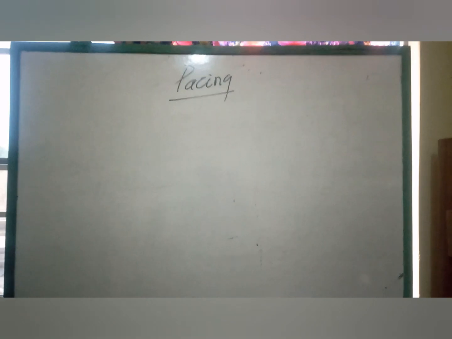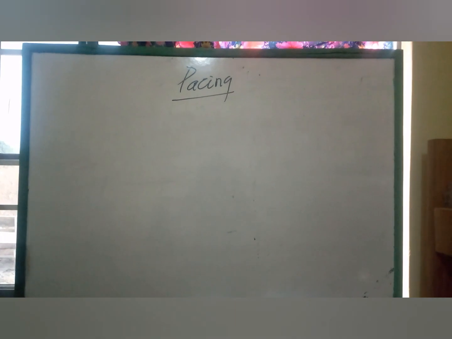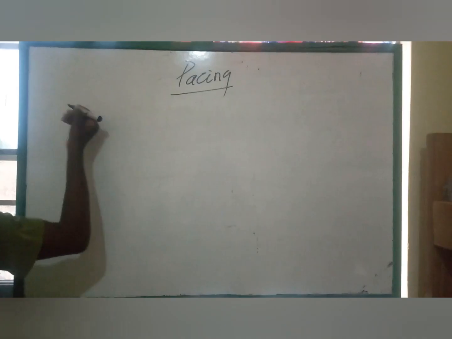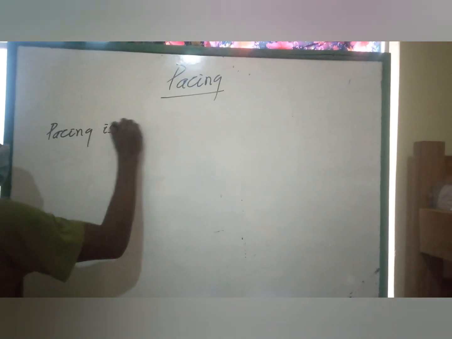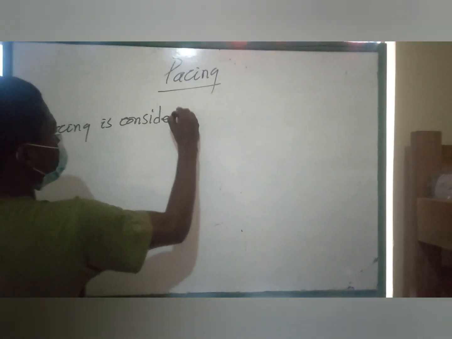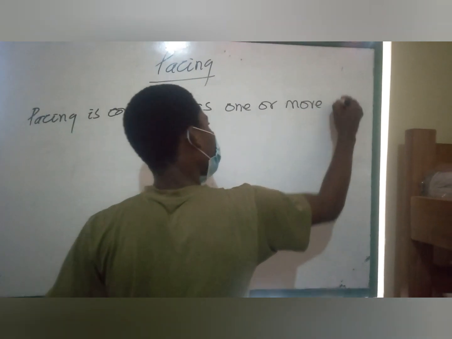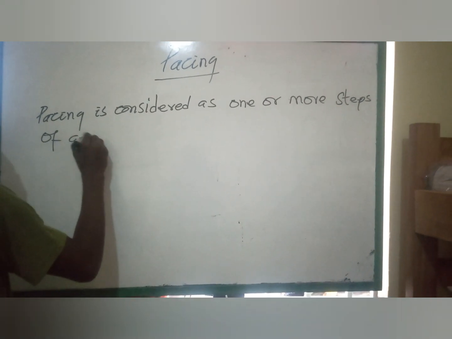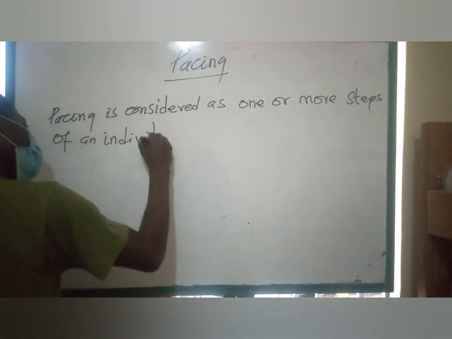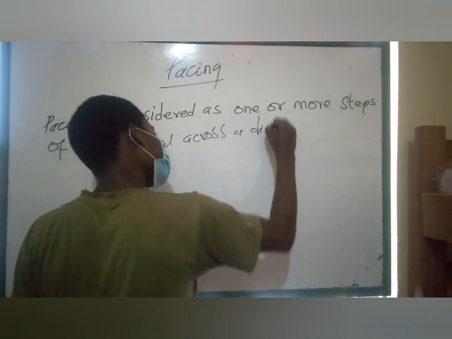Pacing. We are going to look at pacing. Formerly, we didn't have measuring tapes to take our measurements, so we were walking across the stands to take our measurements. So pacing can be considered as one or more steps of an individual across a distance.